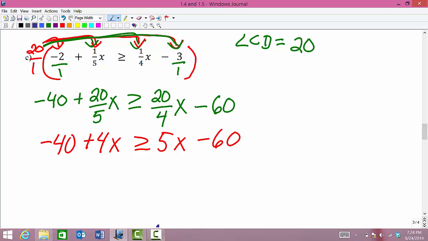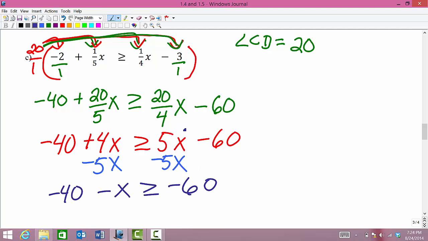Let's get our x values on one side of the inequality. Minus 5x, minus 5x. And let's add 40 to both sides.